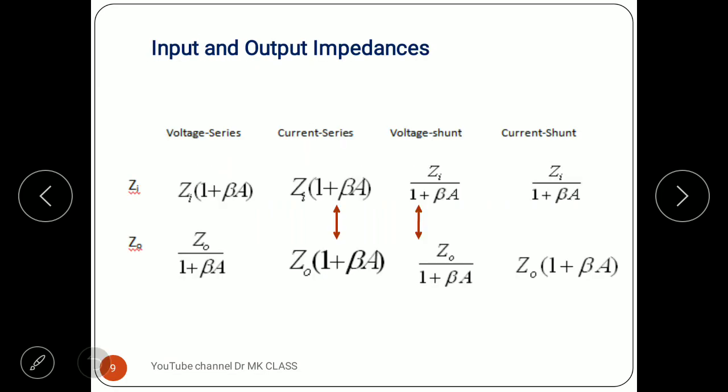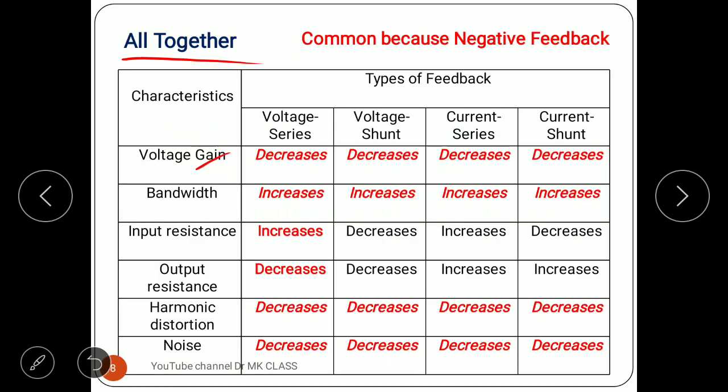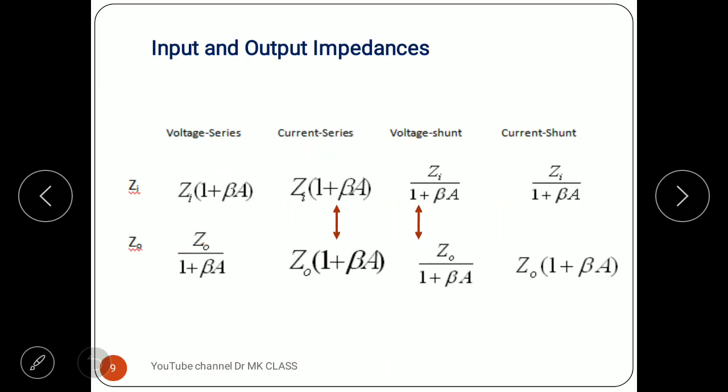Then input impedance and output impedance, I was talking about, here in the next slide, I am showing you how to remember also. So here you see voltage series, there are only three terms: Zi, 1 plus beta a, and Z0. How to remember: first one is Zi into some term, so it will increase.